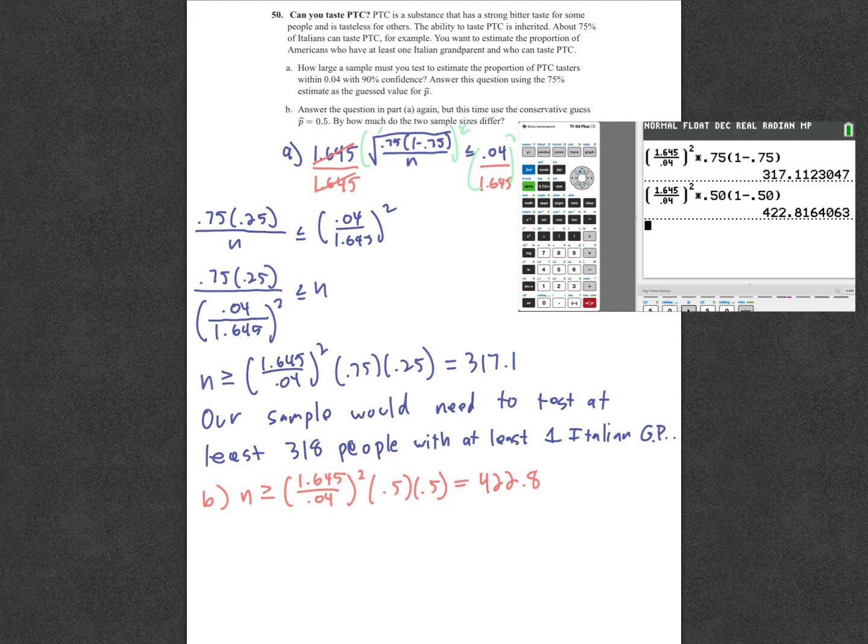Okay, so if we're using the most conservative estimate for p hat, we're estimating p hat, and the most conservative estimate is 0.5.